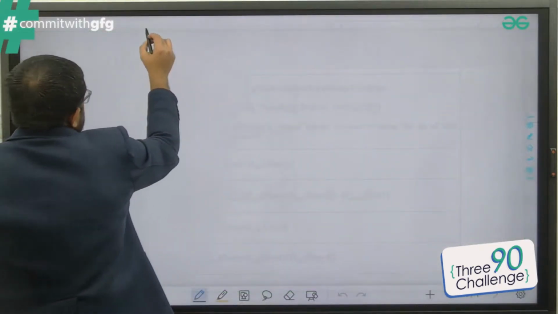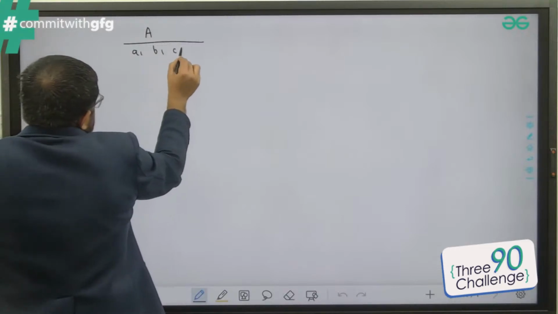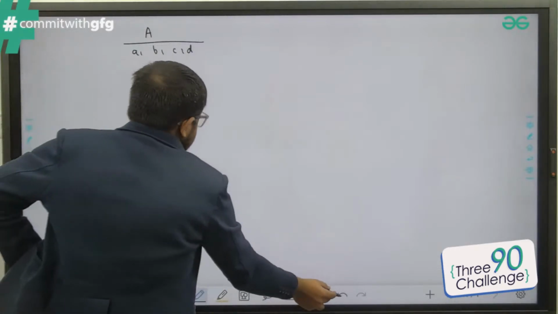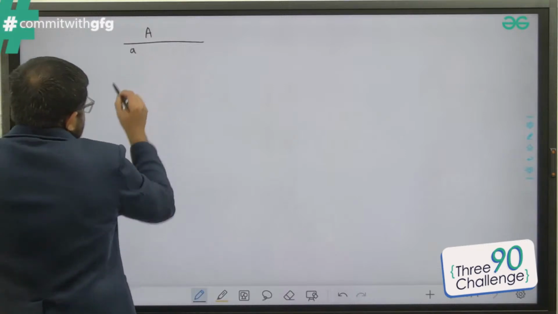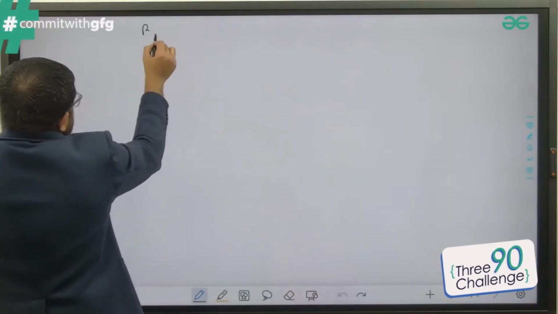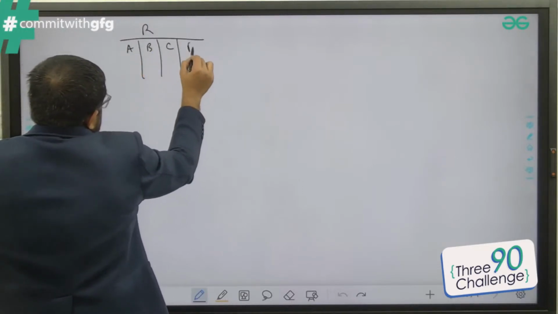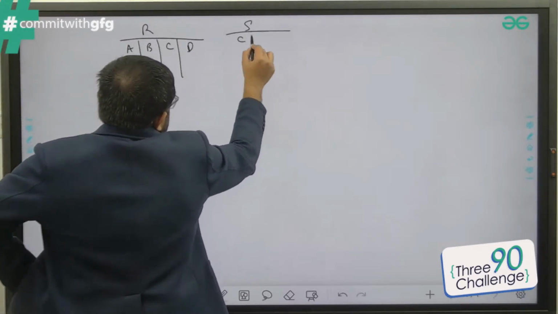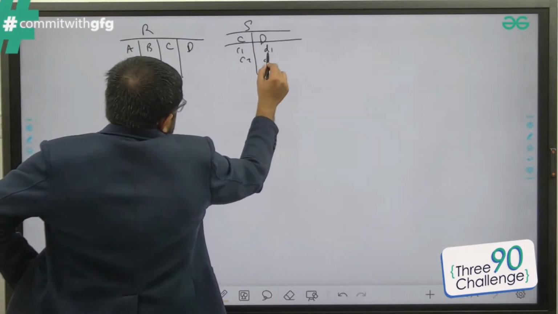So what I will do is, let's say I have a table R where I have attributes A, B, C and D, and I have a table S where I have attributes C and D. Here S has C1, D1 and C2, D2.